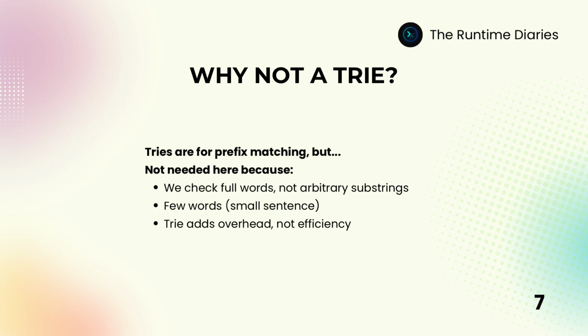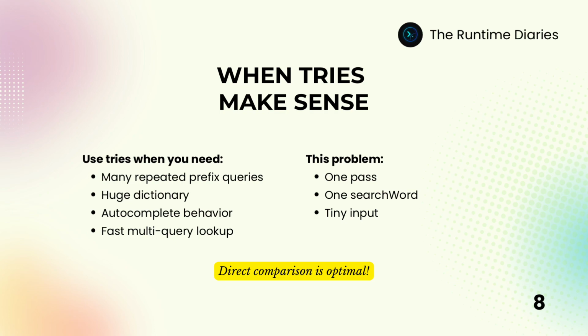But here, you have one sentence with maybe 5 to 20 words, and you have one search word. A trie would add overhead without making anything faster. In fact, it would make the solution slower because you'd spend time building the trie structure just to use it once. This is a case where the simplest approach is the optimal one.